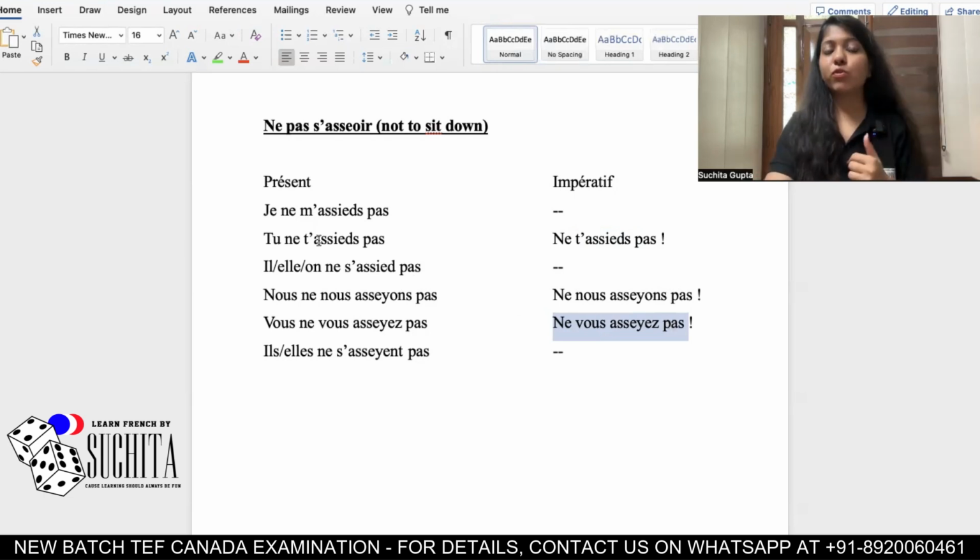In the positive ones, this te was coming forward, this nous was coming forward, this vous was coming forward, which happens only in the positive case, not in the negative case. And here I have also not dropped the S, the reason being s'asseoir is not an ER verb. So you drop S with tu only in the case of ER verbs, not with other verbs. So it becomes ne t'assois pas, ne nous asseyons pas, ne vous asseyez pas. Don't sit, let's not sit, don't sit.